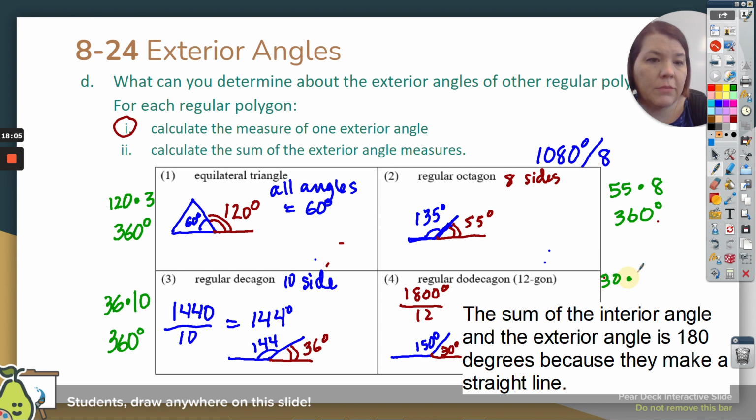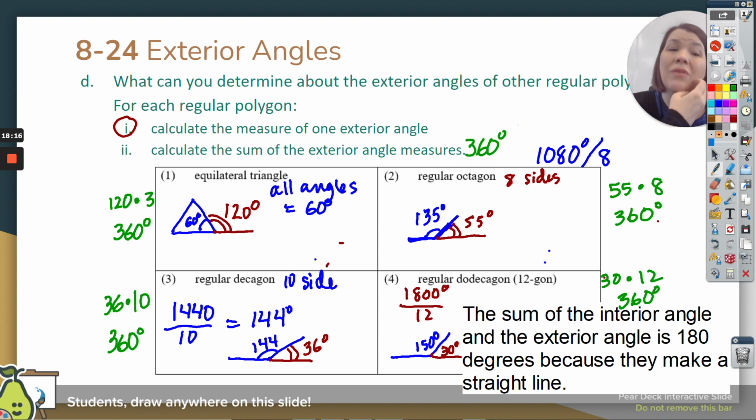So they're all 360. The hardest one here is 45 times 8, but I knew they were all going to be 360. The exterior angles in any polygon in the world, regular or irregular, always make 360. Think about what happens with a polygon as we add more and more sides. It looks more and more like a circle. Okay, let's move on.